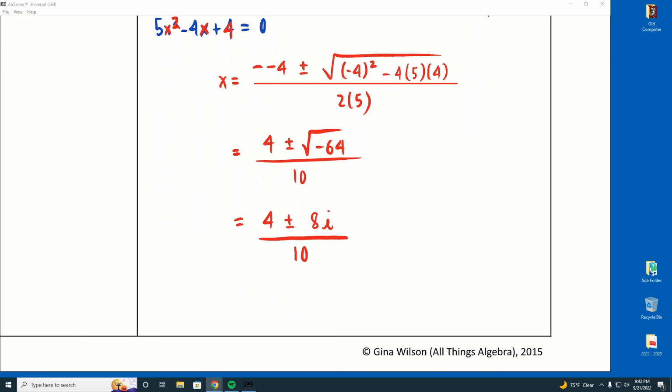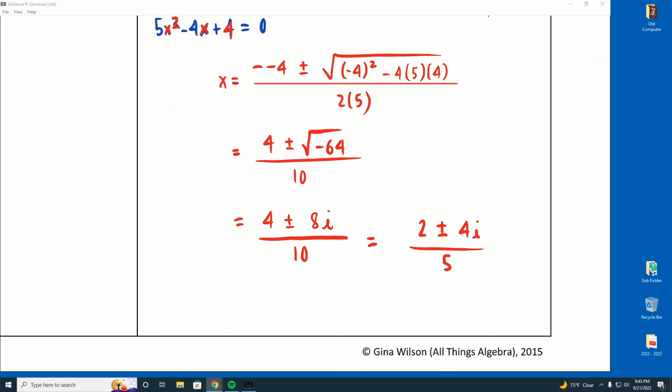So if I divide the whole thing by 2, how many times does 2 go into 4? Twice. Plus or minus. How many times does 2 go into 8? 4i. Over, how many times does 2 go into 10? 5. So this can all simplify from 4 plus or minus 8i over 10 down to 2 plus or minus 4i over 5.